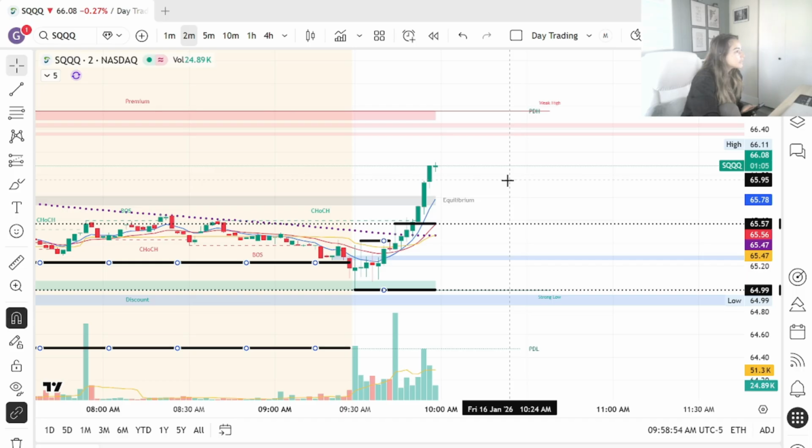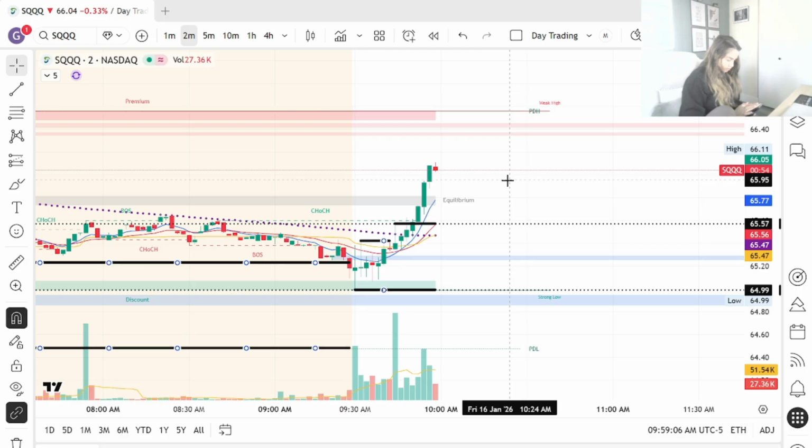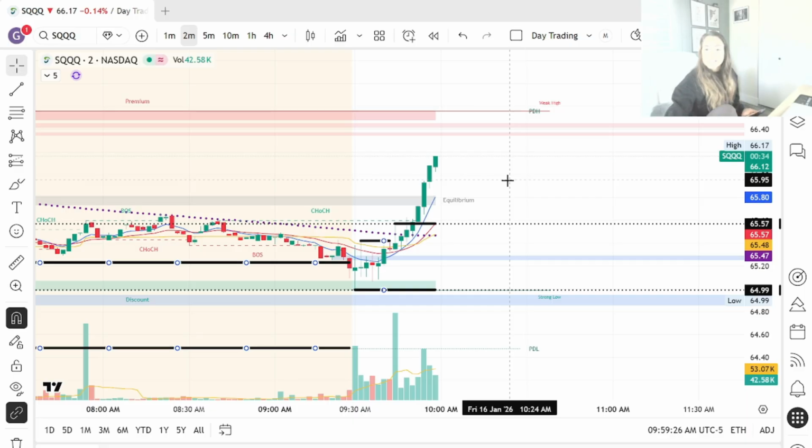We're exiting a little bit prior so we don't get pushback. Ahí vamos, 66.17.